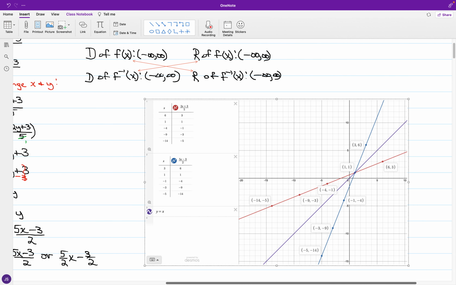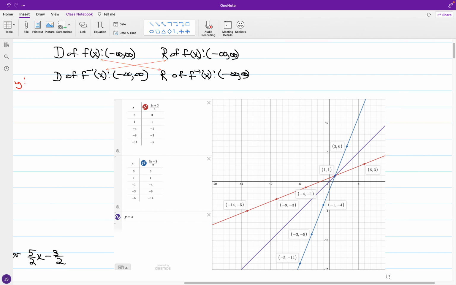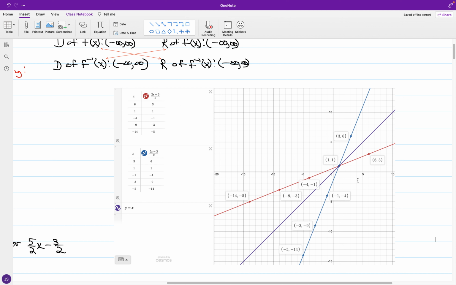A function and its inverse, if it's one-to-one, will have interchanging x and y coordinates. So you have -14, -5 for y is equal to (2x plus 3) over 5, and we have -5, -14 for y is equal to (5x minus 3) over 2, and both of these graphs will have symmetry with respect to the line y is equal to x.